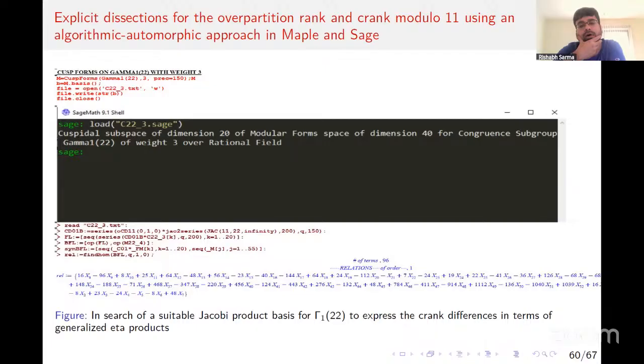The 3 papers of Lovejoy and Osburn from 2008, 9, and 10 that I had described were one of the first papers, I believe, that did this, not using a modular approach. Of course, they used the techniques of Atkin and Swinnerton-Dyer.